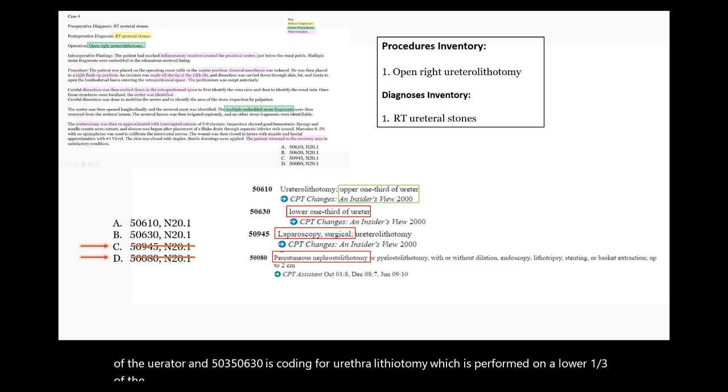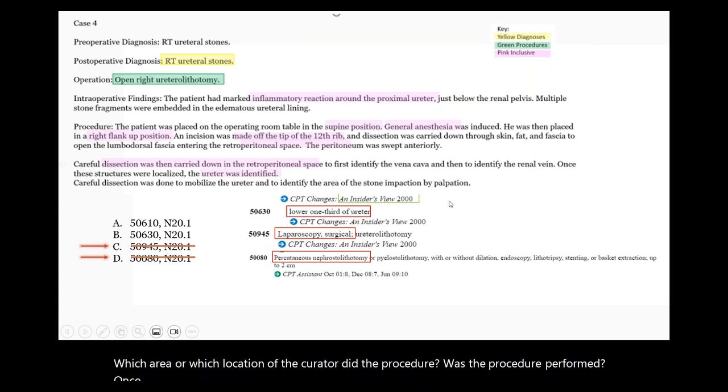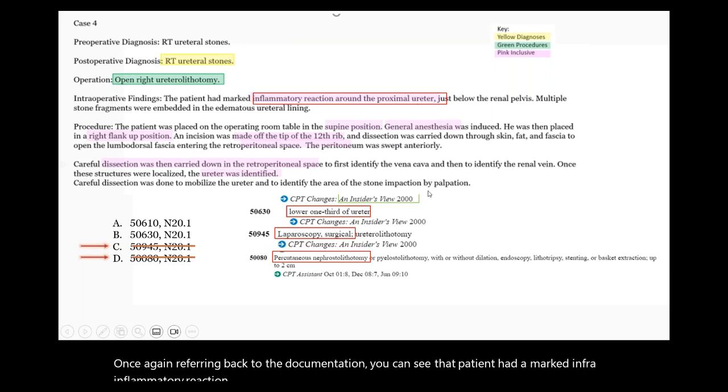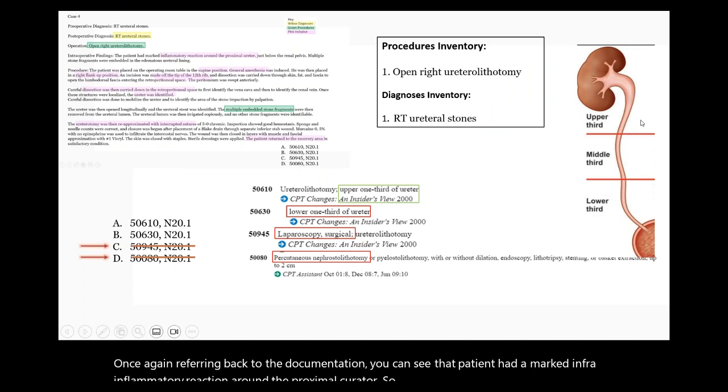So how do I know at which area or which location of the ureter was the procedure performed? Once again, referring back to the documentation, you can see that patient had a marked inflammatory reaction around the proximal ureter. So the ureter can be divided into upper third, middle third, and lower third.